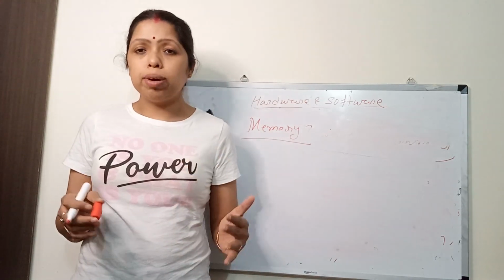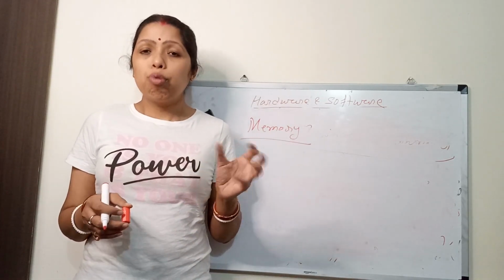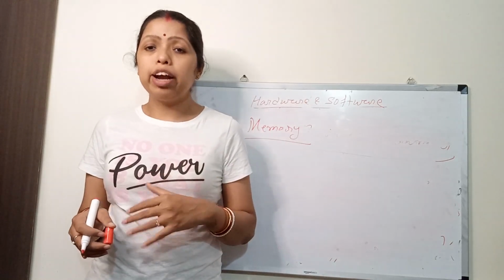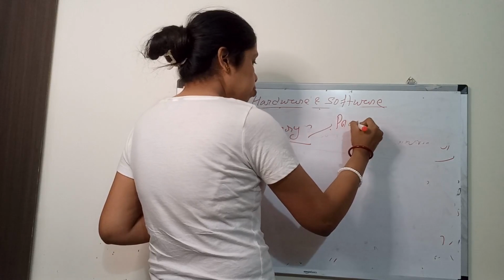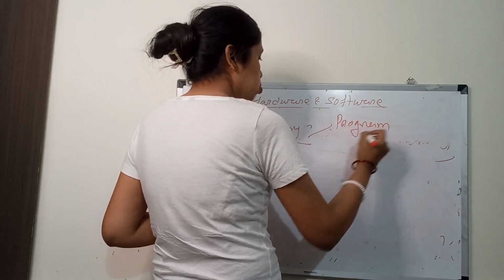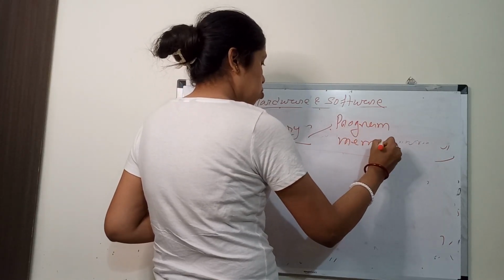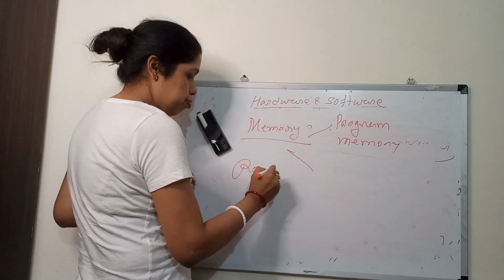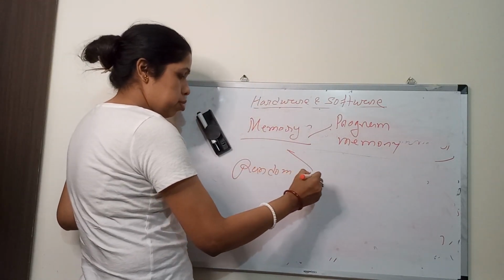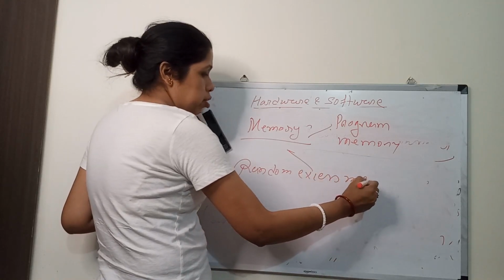There are two types of memory. One is the program memory, another is the random access memory.